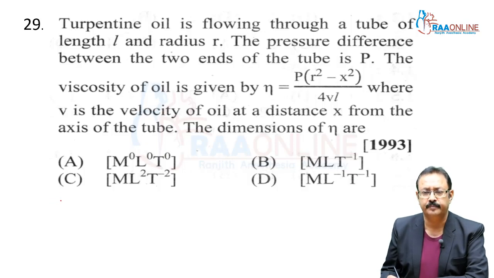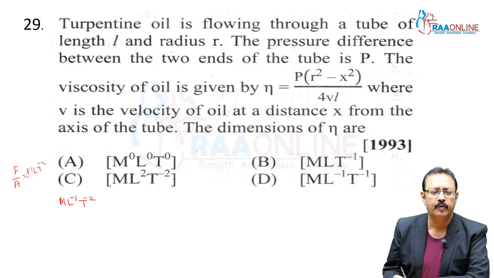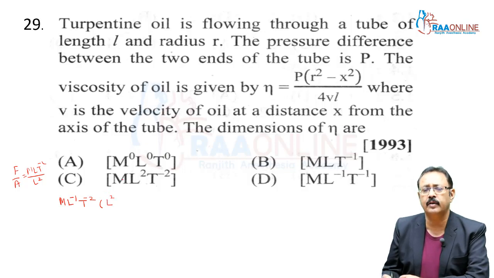What is P? They are saying pressure difference. Pressure difference means pressure, and pressure means force per unit area. So it should be M L^-1 T^-2. We know force upon area. What is force? M L T^-2. What is area? L^2. So we get M L^-1 T^-2. What is R? R is a radius, means L. X is also distance.